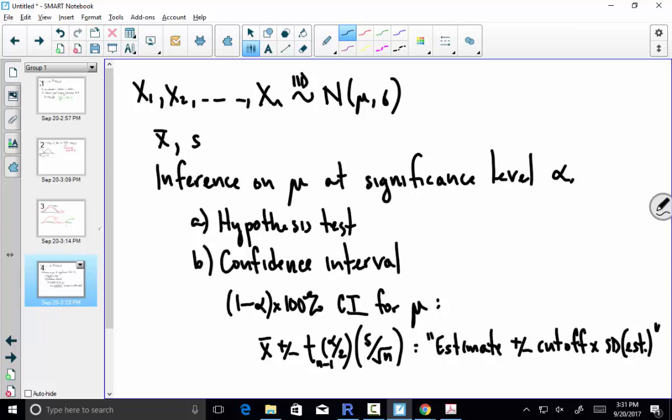Similarly, confidence intervals often have a common format: estimate plus or minus a cutoff, or critical value, that dictates how far out is far enough, times the SD of the estimate. So that would be called a confidence interval for mu. We could make that, for example, a 95% confidence interval for mu.